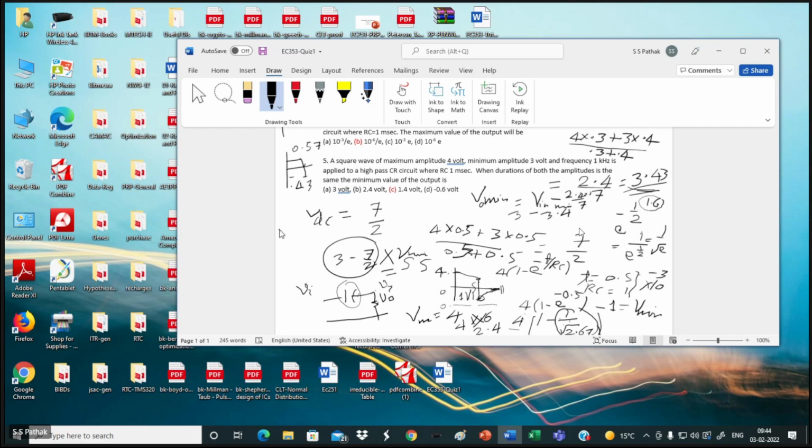Let us see. 4 into 0.6, divided by 1.6. No, 1 divided by 1.6. Yes, sir. So we'll minus it. It will be 0.6, because there is 1 also. I'm not counting the 1, I'm counting this. Is it 0.6 or not? Yes, sir. How can it be?